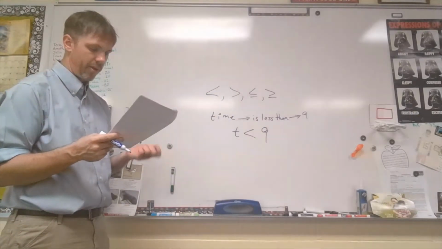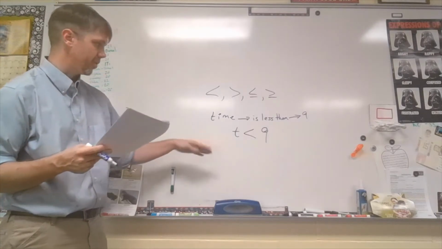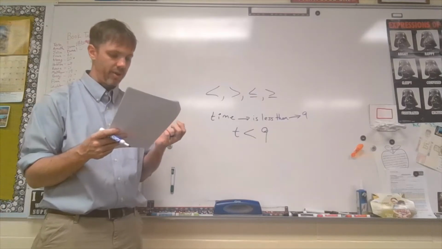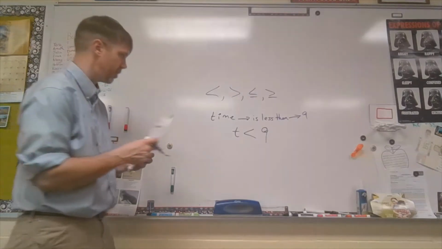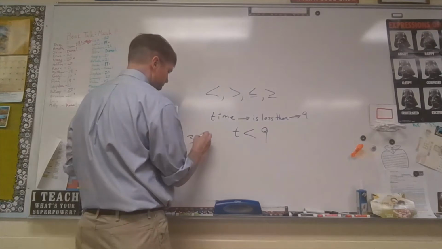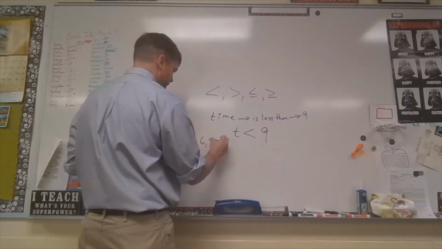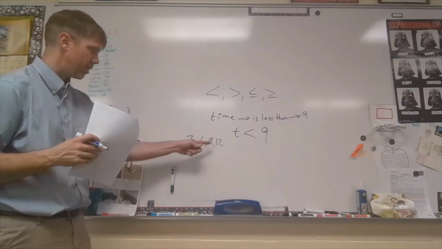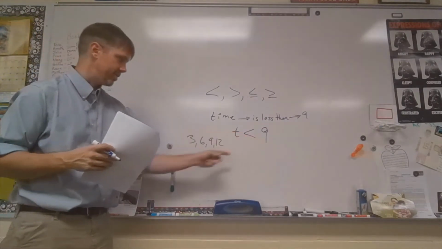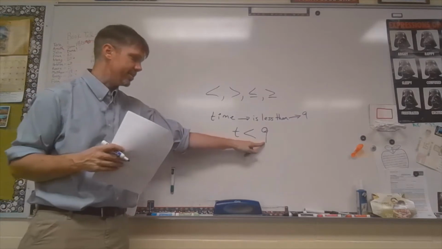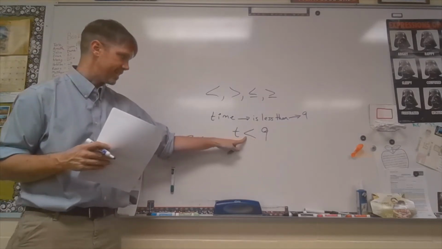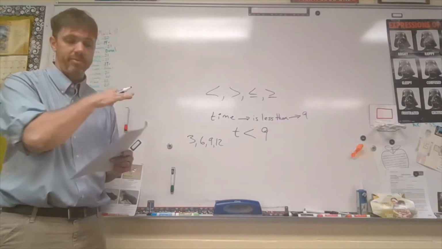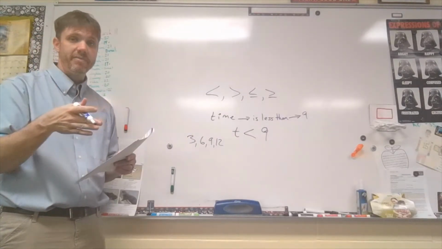And then we would come up with all of the possible answers, which, of course, if you're looking at this, they say out of 3, 6, 9, or 12, which numbers are solutions to T? So if we have 3, 6, 9, and 12, which numbers can we plug into T and have that be true? Well, 12 is not less than 9, so that doesn't work. 9 is not less than 9, it's equal to 9, but this is less than. It has to be fewer, like his bagels, 8 minutes and 59 seconds.